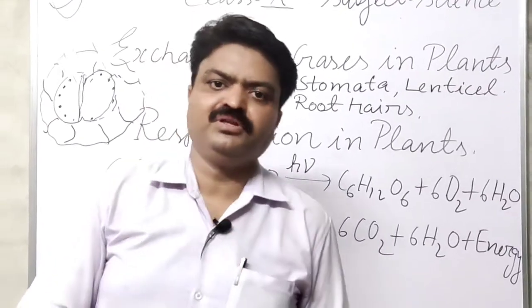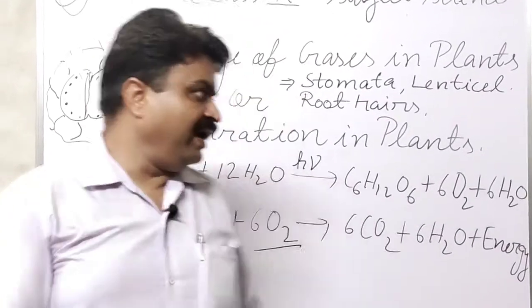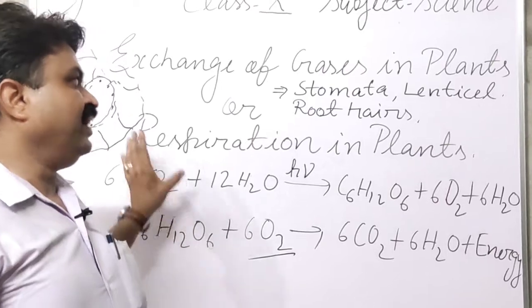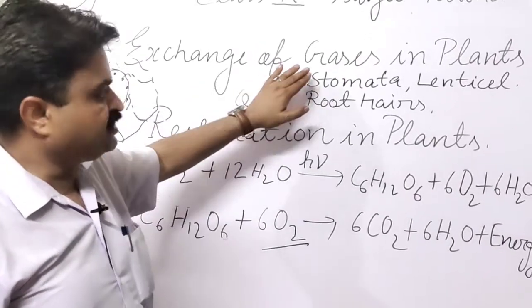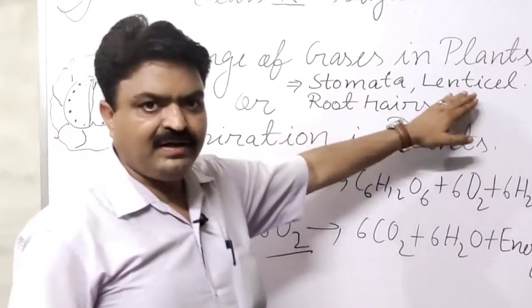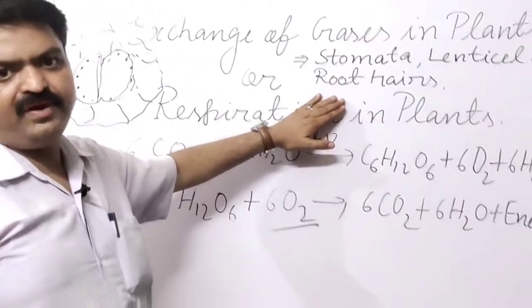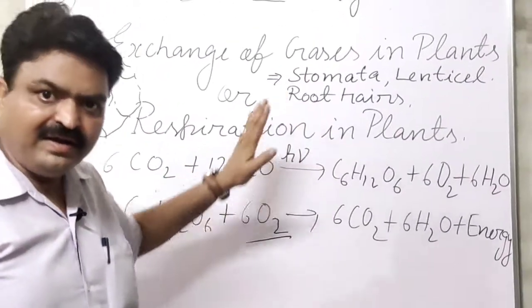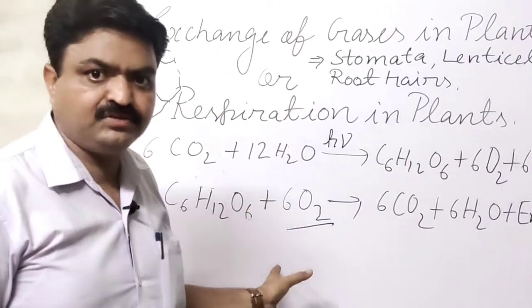So that is about the opening and closing of the stomata, the exchange of gases, and which parts help them exchange gases. First is stomata, found generally in the leaf; lenticels, found in the woody stem; root hairs, found in the root. And which important process helps them in the exchange of gases?